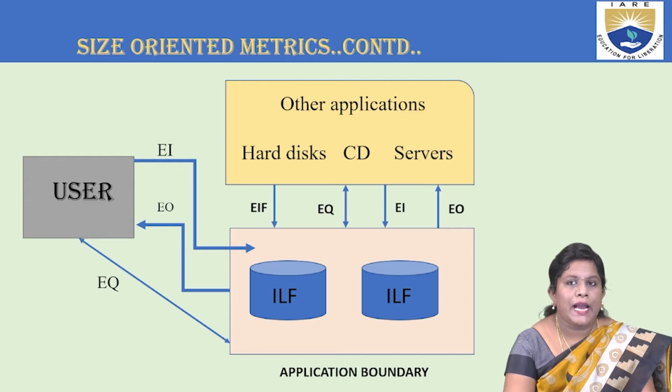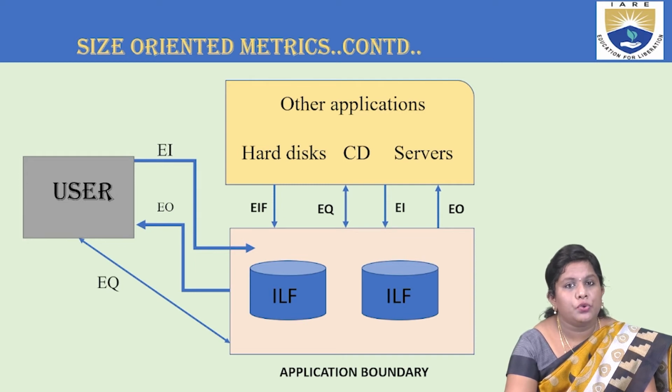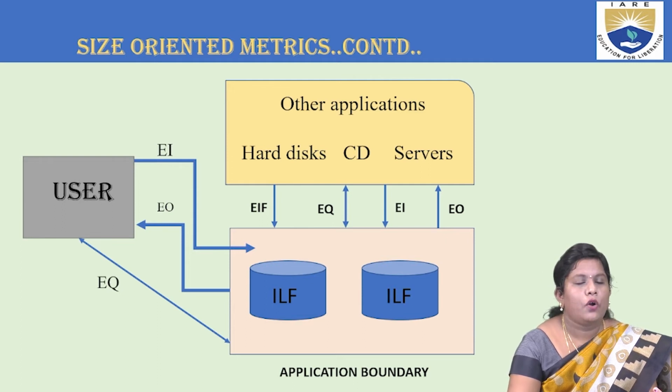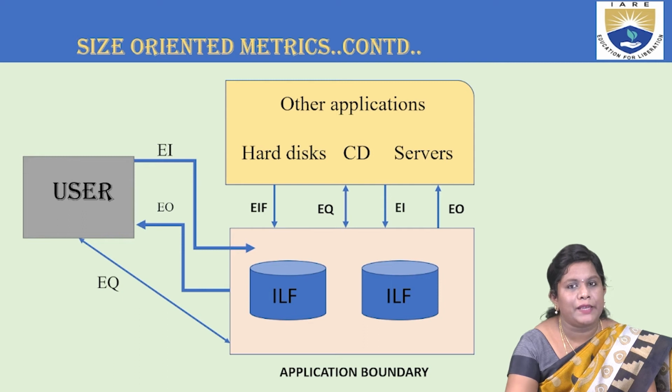Now, coming to the other applications involved, what is the user trying to take from the other systems? Whether he is working on some servers, trying to get some resources from other websites, or trying to involve some hard disk, different kinds of multimedia, or media servers, all these come under the other applications.